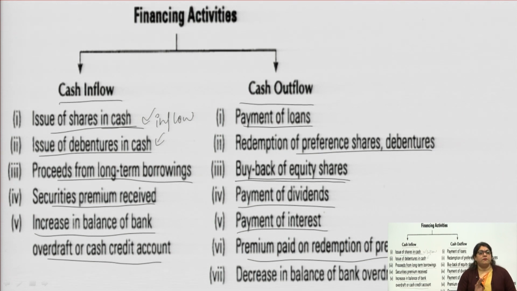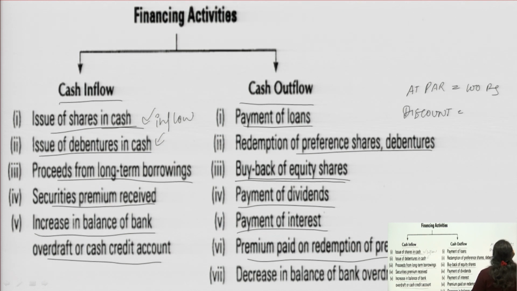If at par the cost is 100 rupees per share, discount will be like, suppose you are charging only 95, means for 5 rupees you have given the discount. The person who has purchased your shares or debentures has to pay 5 rupees less for a single share.